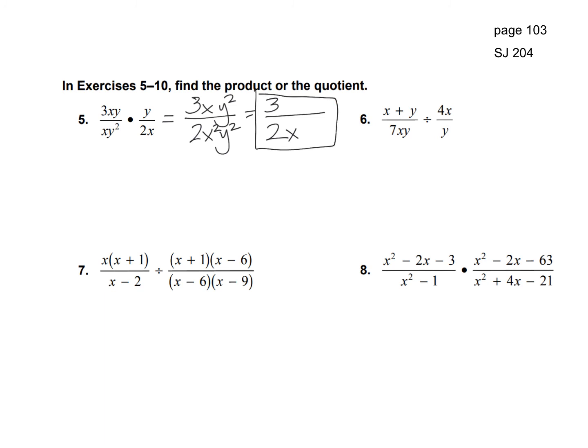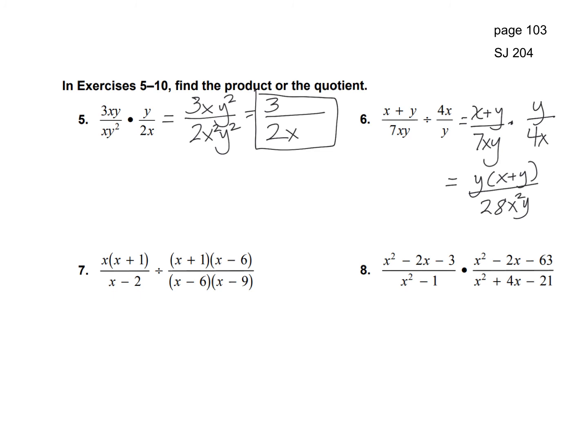For my next problem, I have a division problem, so I need to rewrite that as a multiplication problem. Remember, you leave your first fraction alone, you change divide to multiply, and you do the reciprocal of that second fraction. Now when I multiply in the numerator, I'm going to put y times x plus y. I'm not going to distribute. And then in the denominator, I would have 28x squared y.